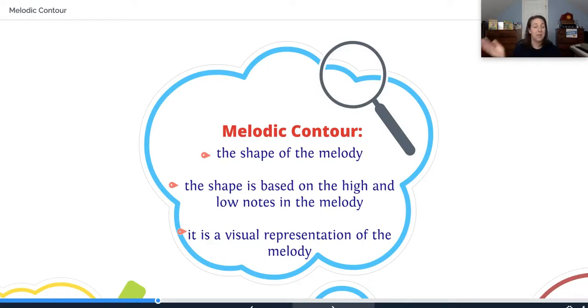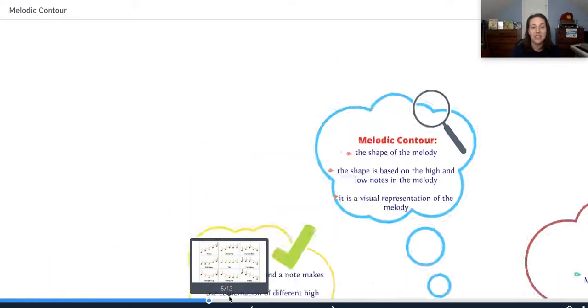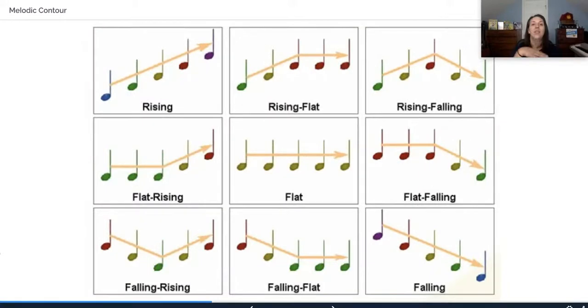So you can think of the melody of any song like Twinkle, Twinkle, Little Star. And the shape is based on those high notes and low notes. And when we see the visual representation of the melody, that's our melodic contour. So we're reminding ourselves if the pitches would go higher or lower, or any combination of that.